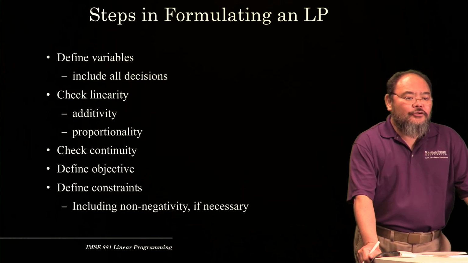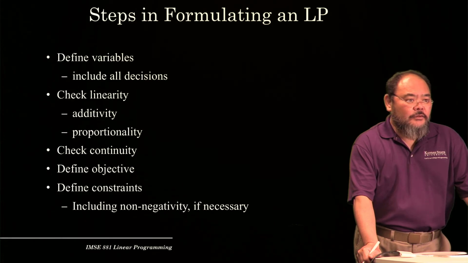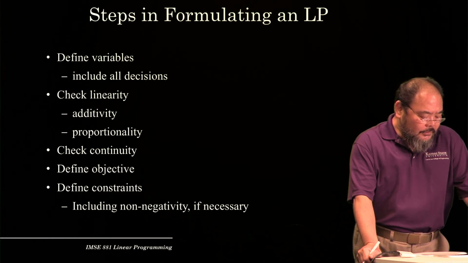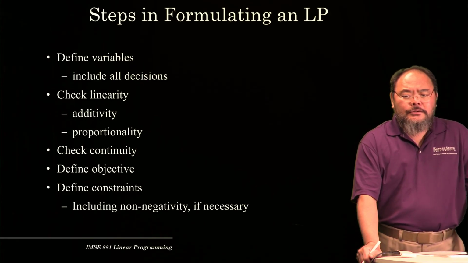X cannot be an integer solution. If some of the decision variables have to take integer values under certain constraints, then this becomes an integer programming problem, and we use a slightly different method to approach that. Define the overall objective function, and then define the constraints, including the non-negativity constraint if necessary.